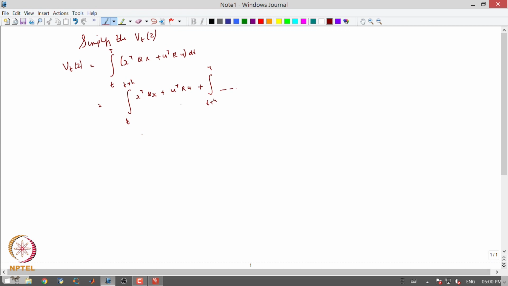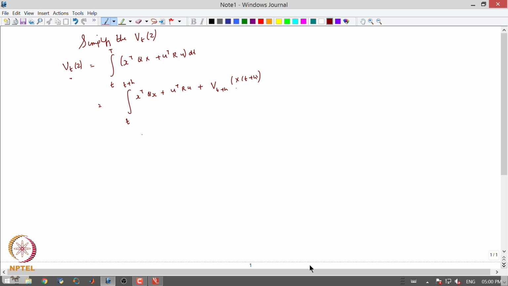So, what will this mean? This will actually be the value function V computed at t plus h with x at t plus h. I am just using the definition of the value function.